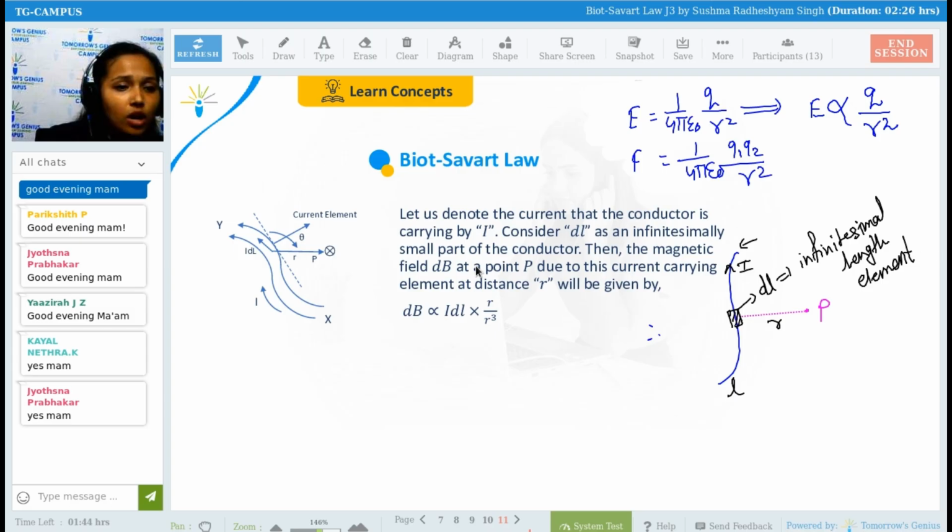So we consider a small length element. Instead of finding the total magnetic field due to the conductor, we find a small magnetic field due to a small length, and then we integrate over the system.